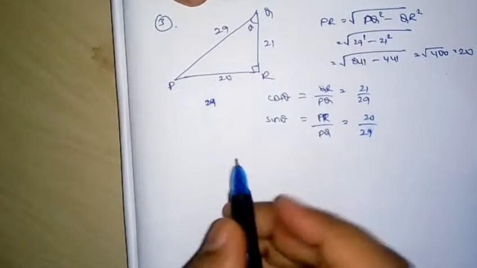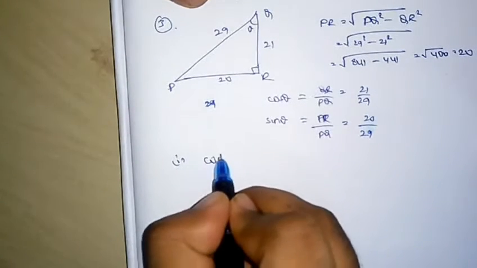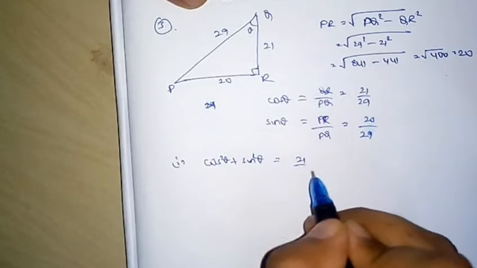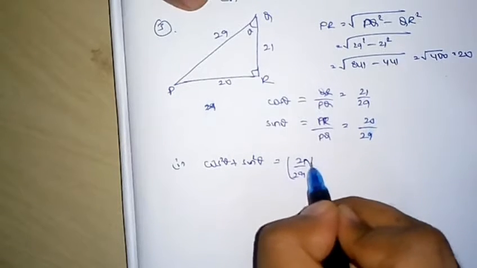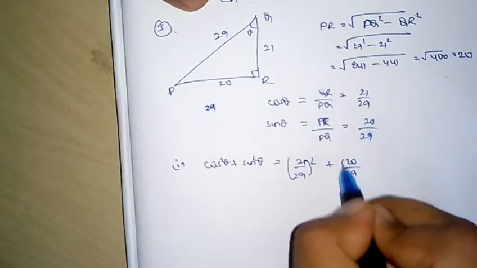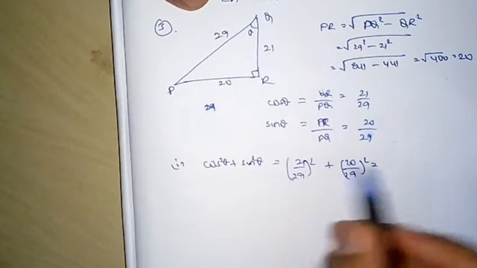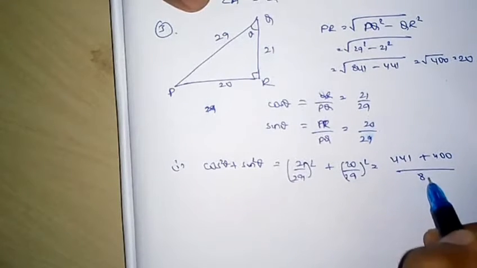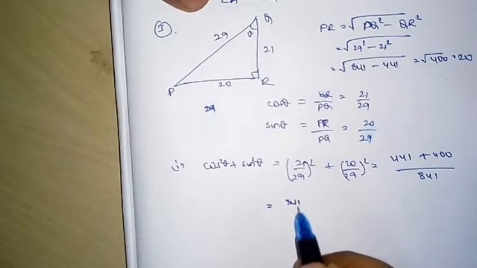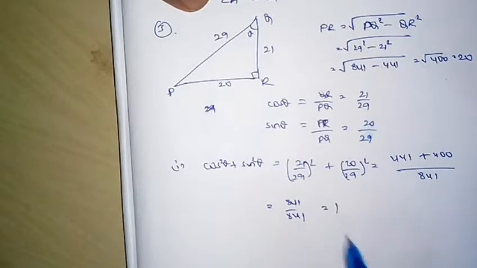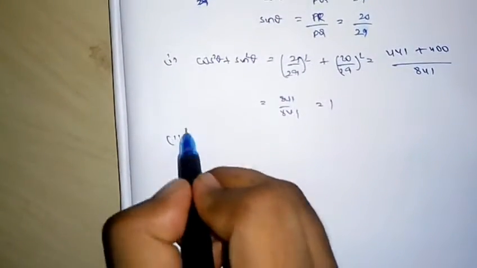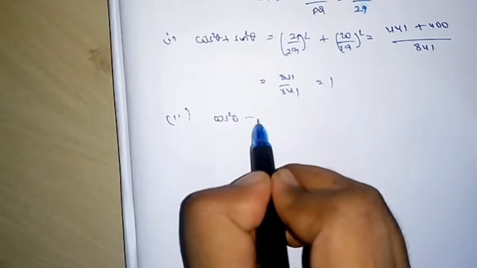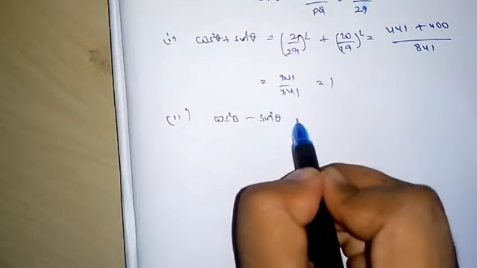Now we are asked to find first one, cos square theta plus sin square theta, which will be equal to 21 by 29 whole square plus 20 by 29 whole square, which will be equal to 441 plus 400 by 841. It will be 841 by 841, which will be equal to 1. Second bit is you have to find cos square theta minus sin square theta.